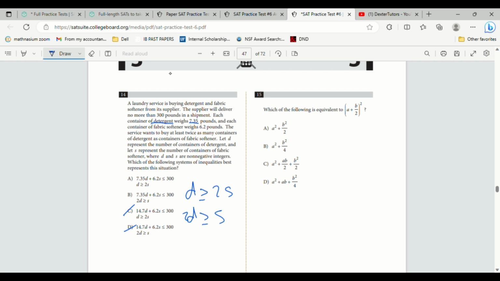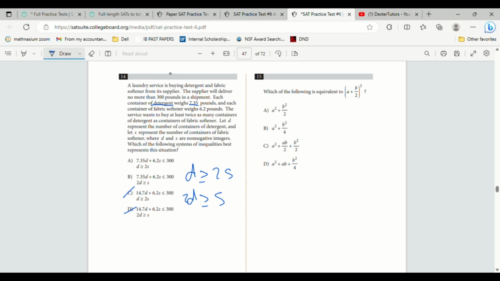So to figure these out, because they can be kind of tricky, let's make up our own example. Let's say D equals 10. Well, since there's at least twice as many containers of detergent as there are fabric softener, S must equal 5 in this case.